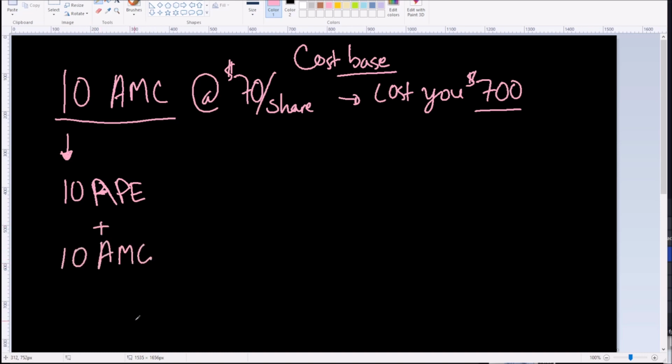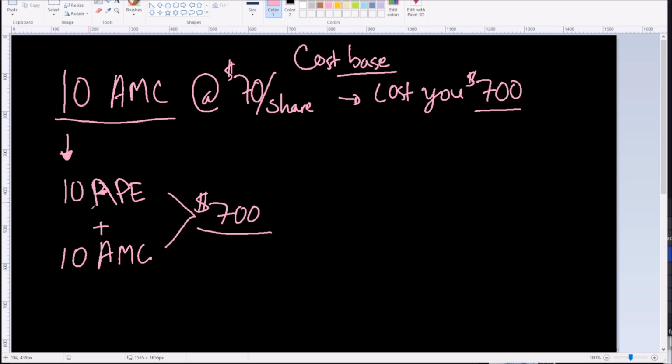Now, if you add both of these together, it still costs you this much. Don't worry about per share, because this has to add up to this. So it still costs you this much, assuming that you're not adding anything at the bottom.